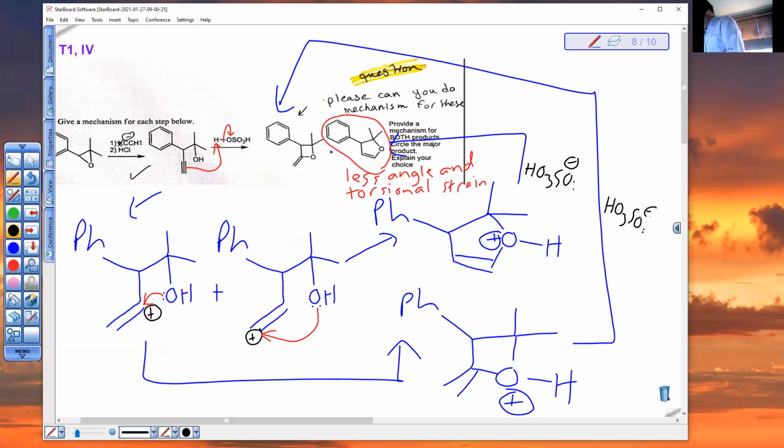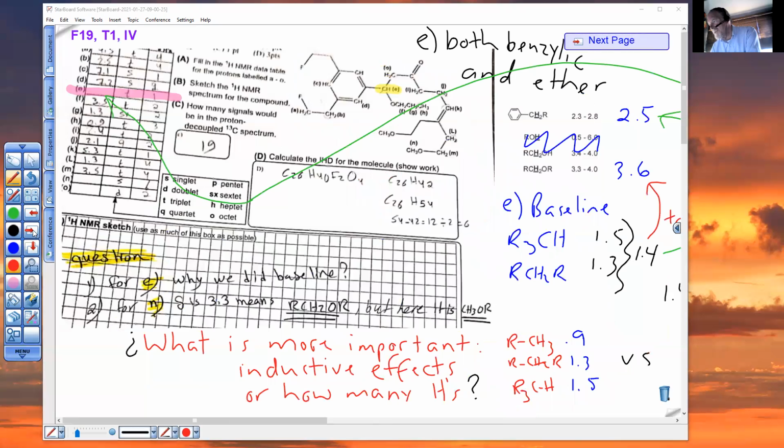Lone pair grabs H, sigma becomes lone pair. Lone pair grabs H, sigma becomes lone pair. And you got your products. And that's page 8 of 10. We're getting there. And we did that one, page 9 of 10.